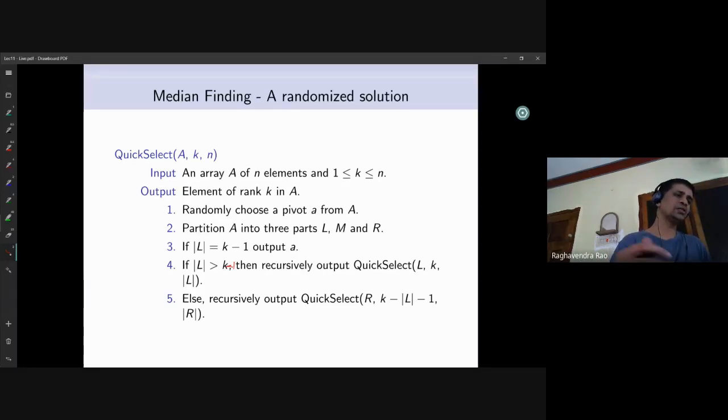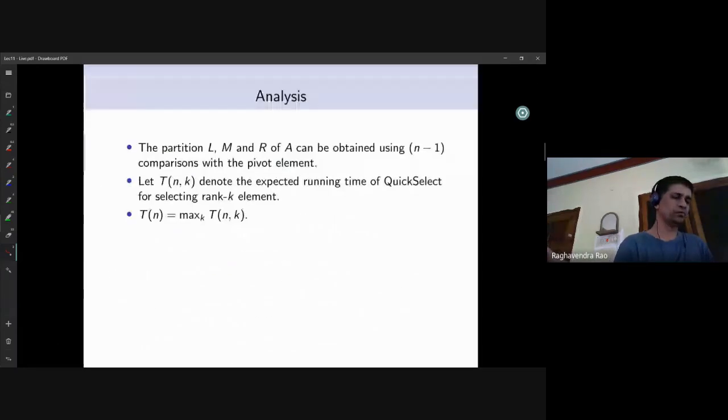The simplest thing is to take the maximum. Anyway, we are looking at the worst case here, right? Worst case expected running time. So we'll take the maximum of the expected values, so T(n) is the maximum of the expected values. Let's just quickly analyze. One thing is that to partition, we require n-1 comparisons. That is given.